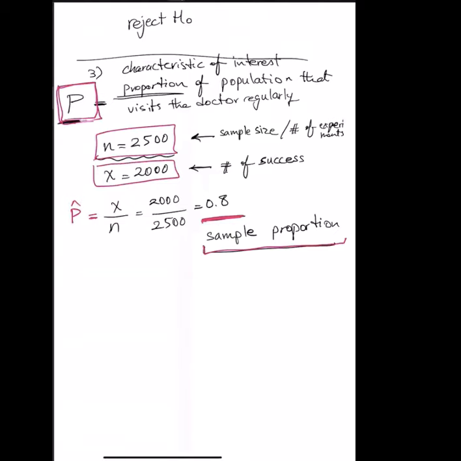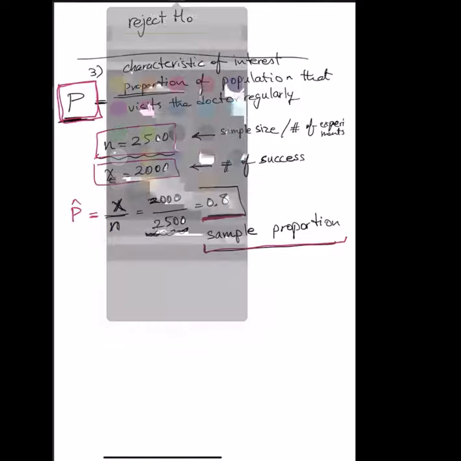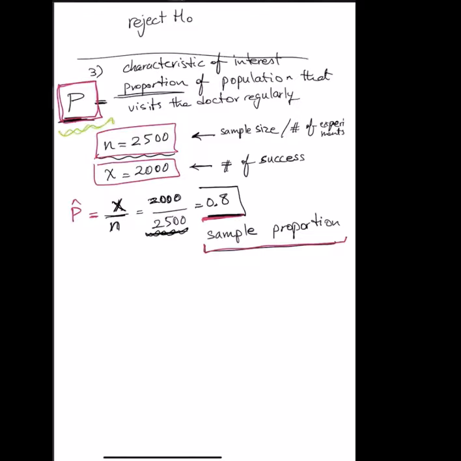So P hat, as you can see, is X divided by N. I took a sample of 2,500. 2,000 of them told me they visit their doctor regularly. So that means 80% of this sample that I took visits their doctor regularly. You know that from the sample. However, you want to make some inferences about this proportion in the population.